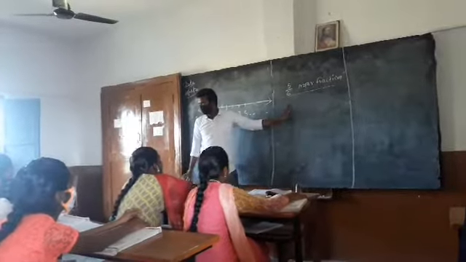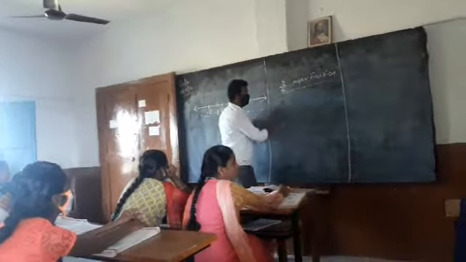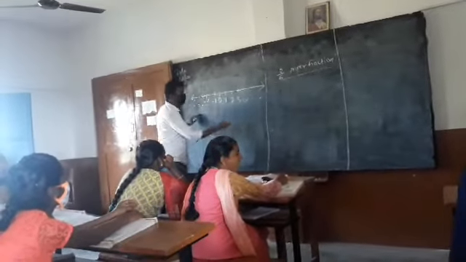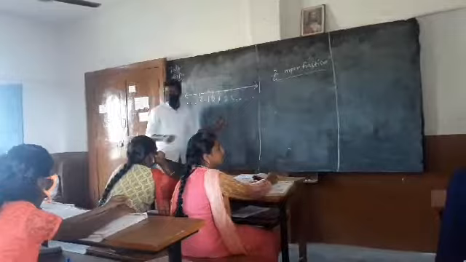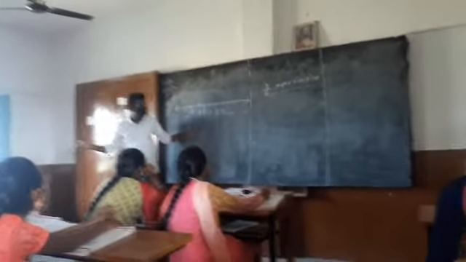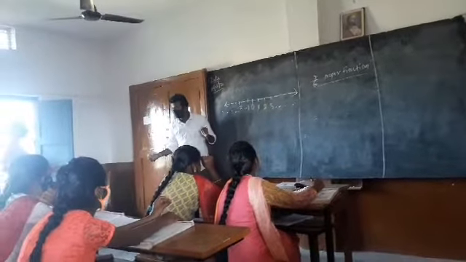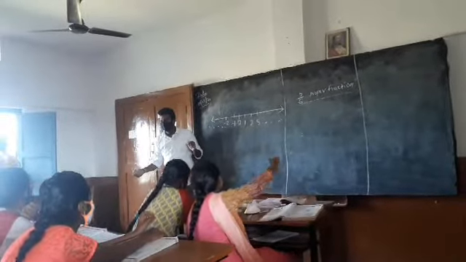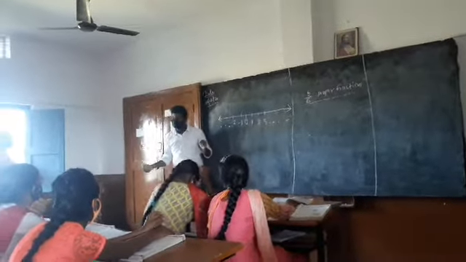5 by 6. Can anyone predict in between what all the integers this 5 by 6 lies? Yes. In between what all the integers does 5 by 6 lie?